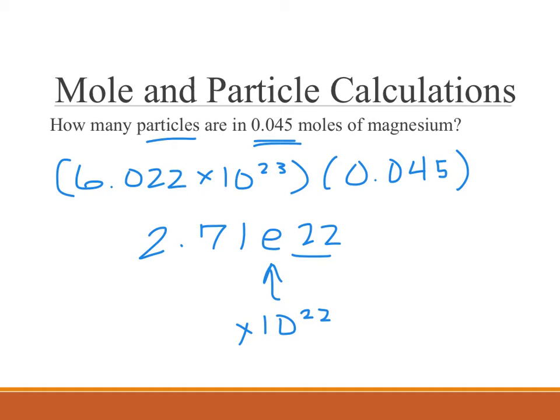So on your calculator, you're going to see something that looks like that. The E might be capital, it might be small, depends on your calculator. But that means that you are taking this decimal point 22 places to the right, or you're adding 20 zeros after that 1 in order to get to the number. You're still talking about a very large number of particles, even though we have a pretty small part of a mole.